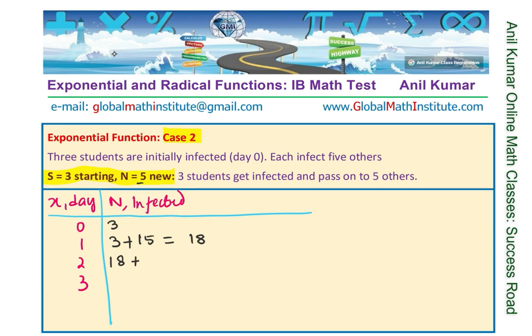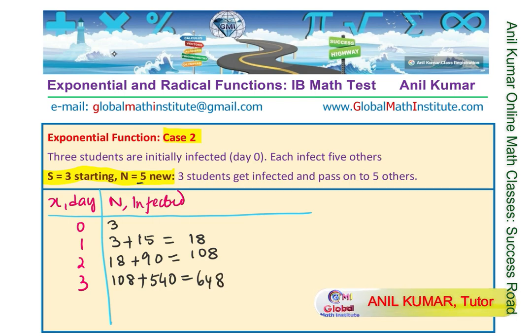So 5 times 18 becomes 90, and adding 90 to 18 is 108. So on the third day, we have 108 students, and 5 times 108 will now get infected. Additional 540 get infected, and when we add this to 108, we get a value of 648.